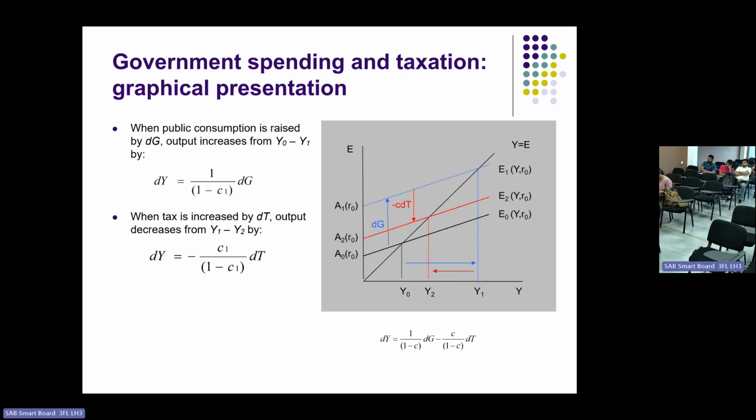So as a result of that, what happened? Income decreased from Y1 to Y2, and the equilibrium moves to this point, right? You can mark earlier, this is E0, then it moves to E1, now it has come to E2. So our income level decreased from Y1 to Y2. This is the final equilibrium point, right?